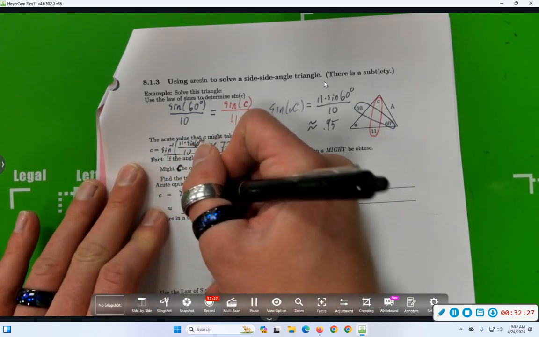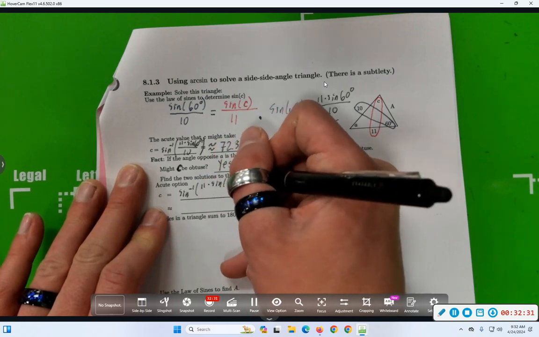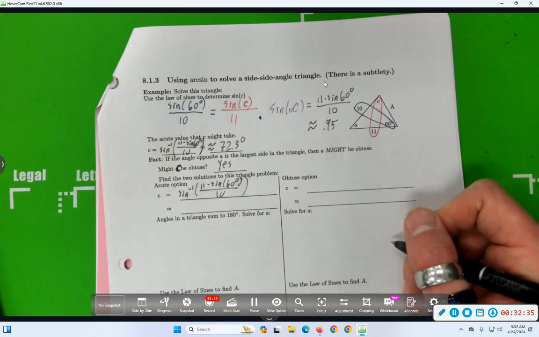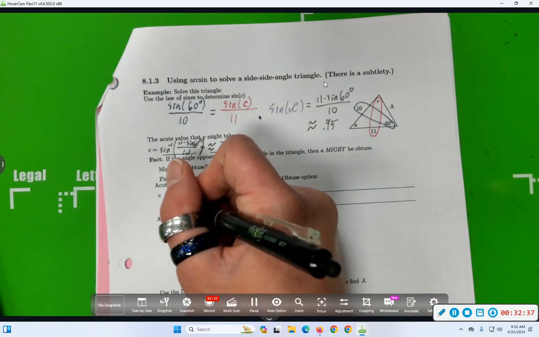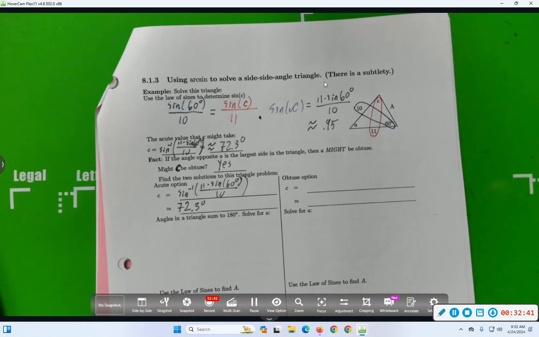Sine inverse of 11 times the sine of 60 degrees all over 10, which we just computed to be about 72.3 degrees, right? How do you get the obtuse option from the acute one? Flip to the previous page if you need. Pi minus that, except I'm in degrees this time, so 180 minus that instead.